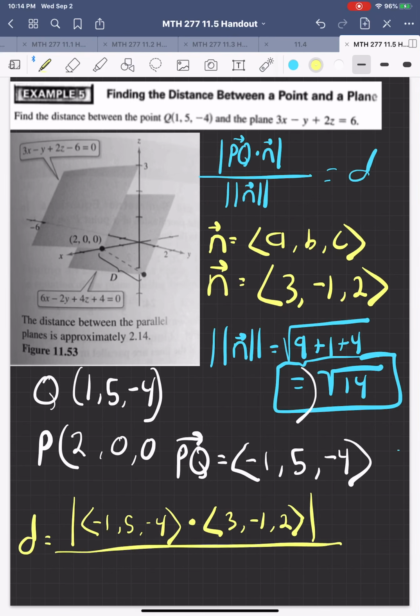And then we want to divide that by the square root of 14. All right, that just equals, when you do your dot product, you'll get 16. So you'll get 16 over the square root of 14.